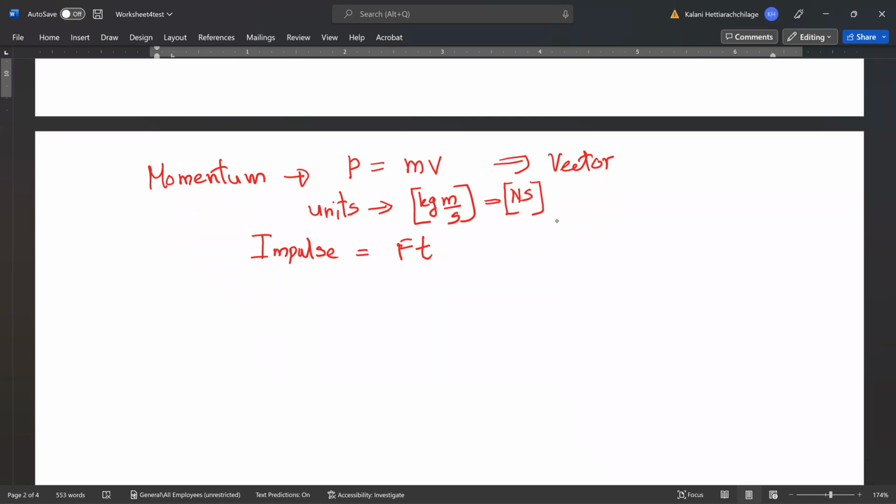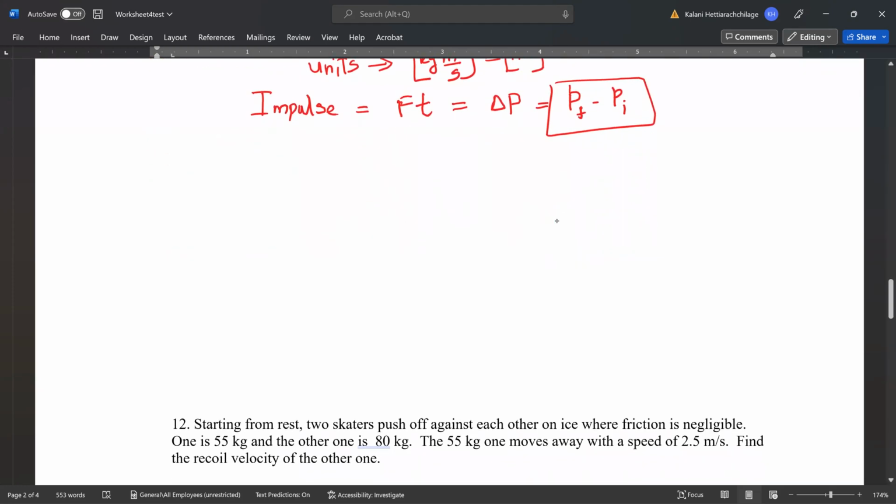That is what we call impulse. An easy way to calculate impulse is change of momentum. Change of momentum means momentum final minus momentum initial. That we call the impulse. That also has the same unit as momentum, right? And then we talk about momentum conservation and these things.